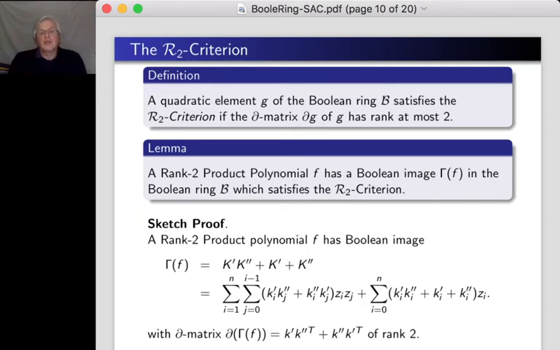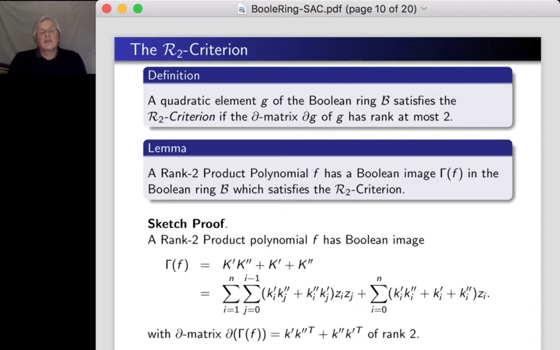Sketch proof is, we know the image of a rank 2 product polynomial is of the form k' k'' plus k' plus k''. The quadratic coefficient is of the form k'_i k''_j plus k''_i k'_j, which gives rise to the partial matrix which we can write as k' k'' transpose plus k'' k' transpose, where k' and k'' are column vectors of the coefficients of big K' and big K''.